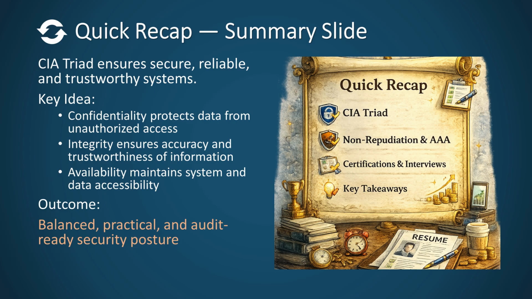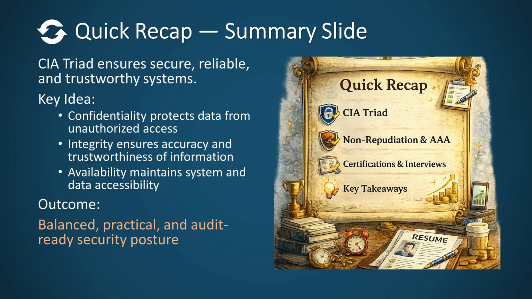Beyond the triad, we also introduced extended concepts like non-repudiation and AAA, authentication, authorization, and accounting. These add depth by ensuring accountability, compliance, and trust. We'll explore these extended concepts in greater detail in upcoming episodes. The key idea here is balance.